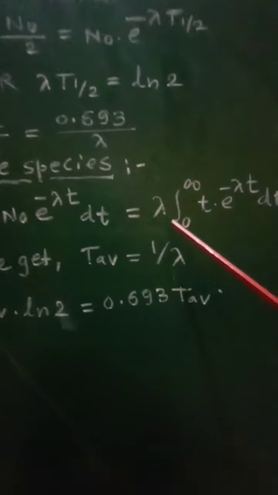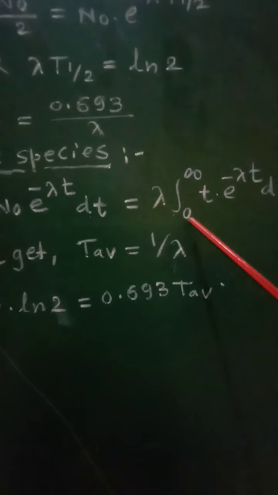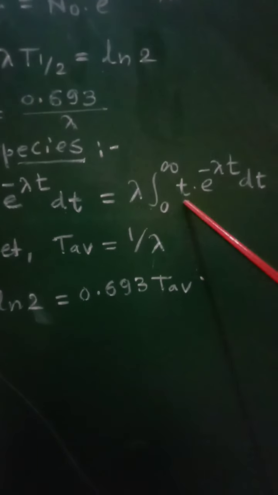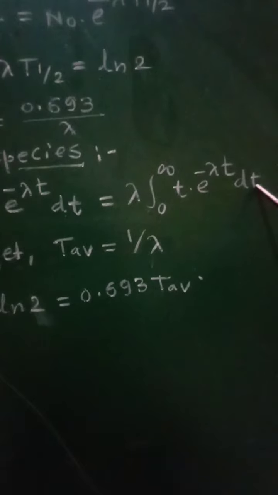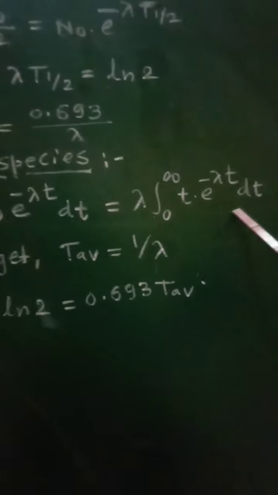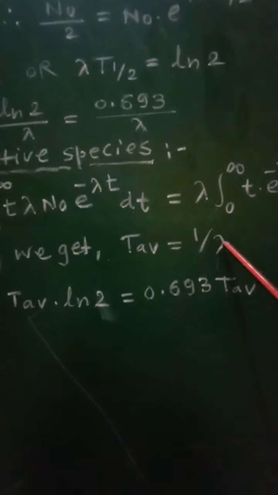Lambda will be taken out of the integration, so lambda integration 0 to infinity t e raised to minus lambda t dt. Now integrating this equation, we get t average equal to 1 by lambda.